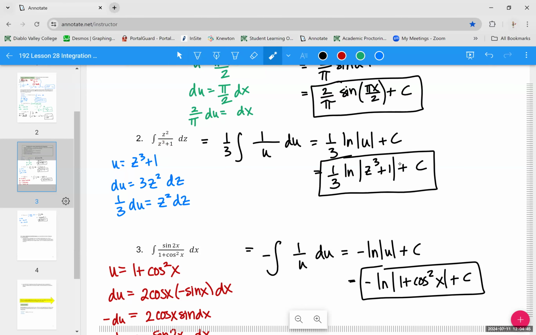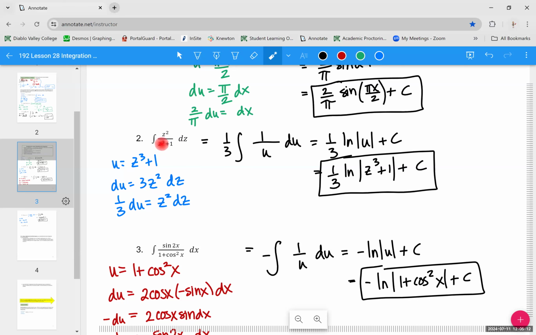When you see that, that's going to scream ln to you, because if you set the u equal to the denominator, take its derivative, I'm looking for z squared dz. So I divide by 3 to isolate the z squared dz. So the 1/3 du is taking the place of the z squared dz.